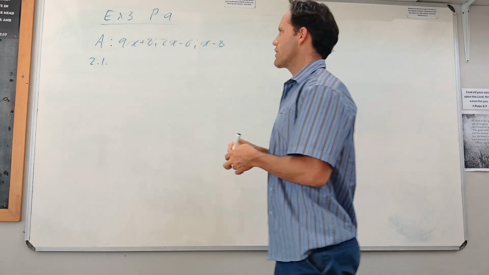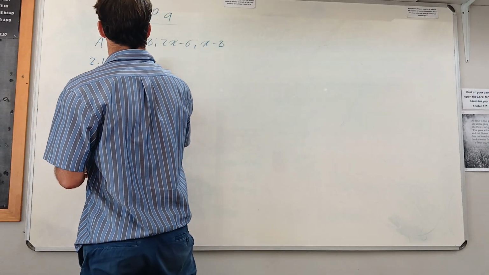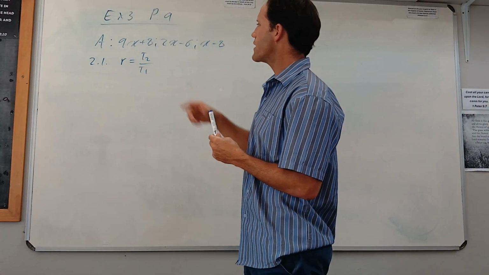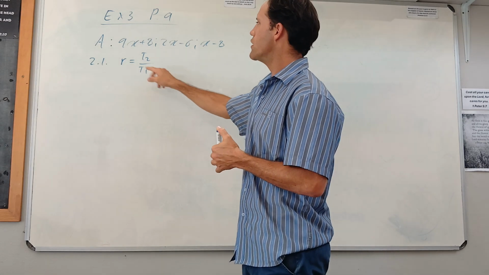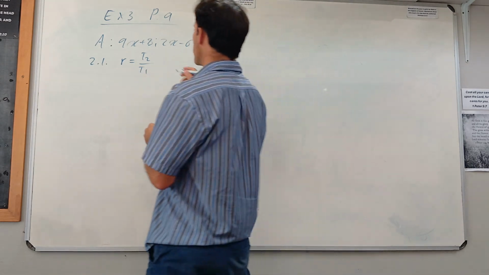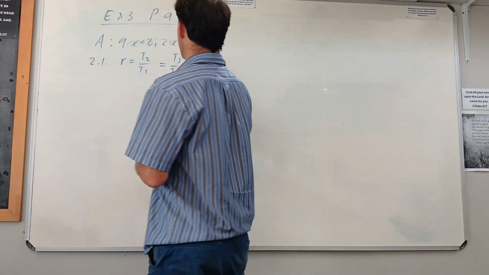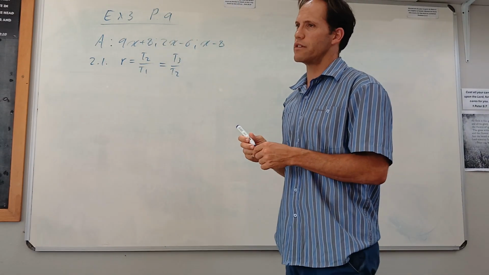That's the important thing. The ratio is always the second term divided by the first term. When you take the second term, divide by the first term, you find the ratio. Now, if you look at the third term and you divide by the second term, you're supposed to get the same answer.